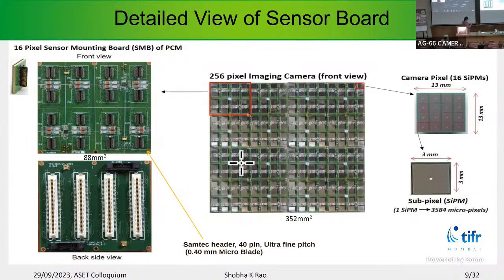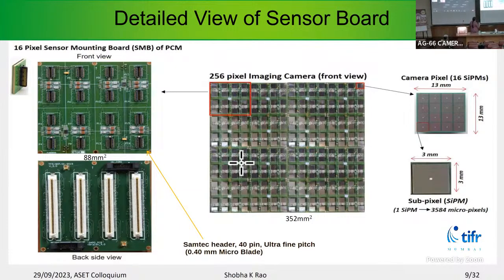Now I'll describe the sensor board in detail. And this is the front face of the camera, which houses 256 pixels. And we have grouped 16 pixels into one processing module.